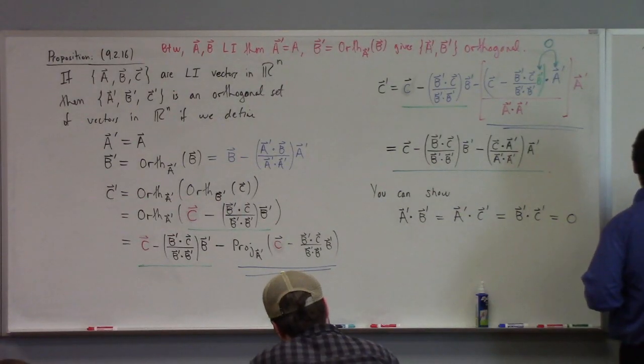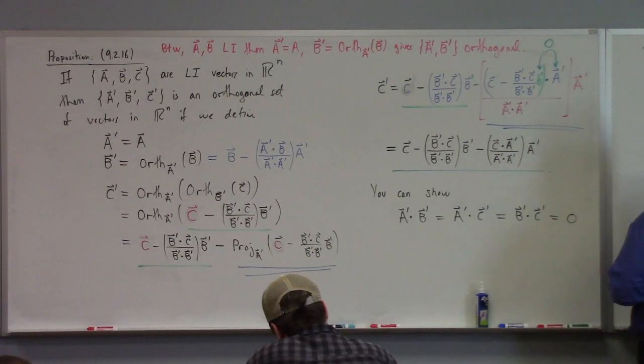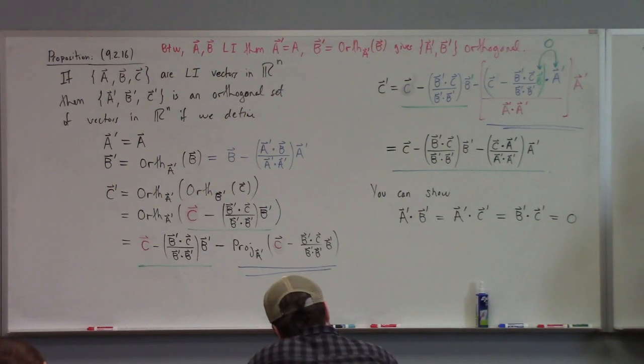Then S prime, which is V1 prime, V2 prime, dot dot dot Vk prime, is orthogonal.